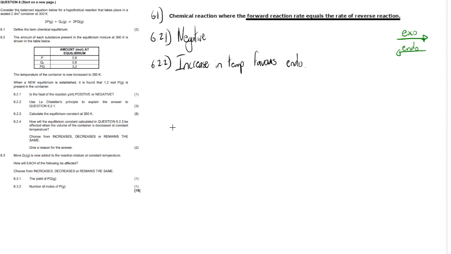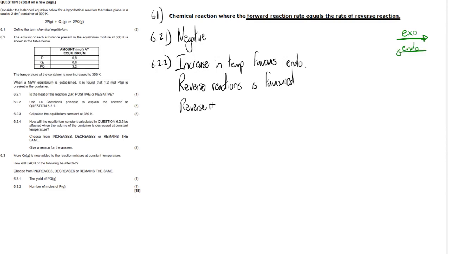The reverse reaction is favored. And so therefore, the forward reaction is exothermic or the reverse reaction is endothermic. You can go both ways. I like saying the reverse reaction is endothermic because we are talking about the reverse reaction, but you can go both ways.